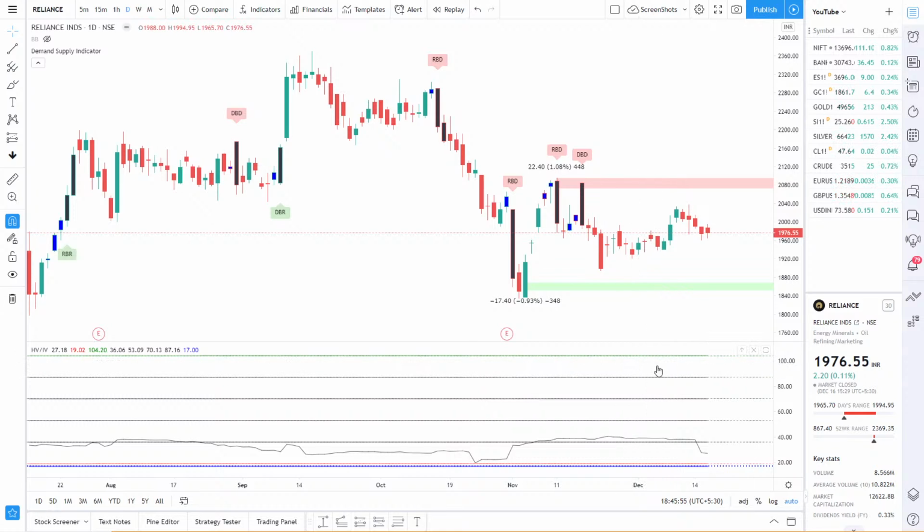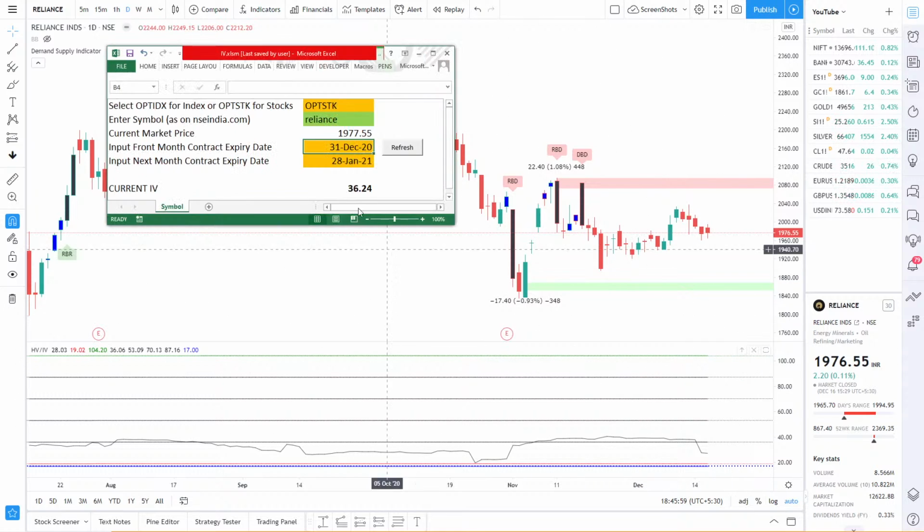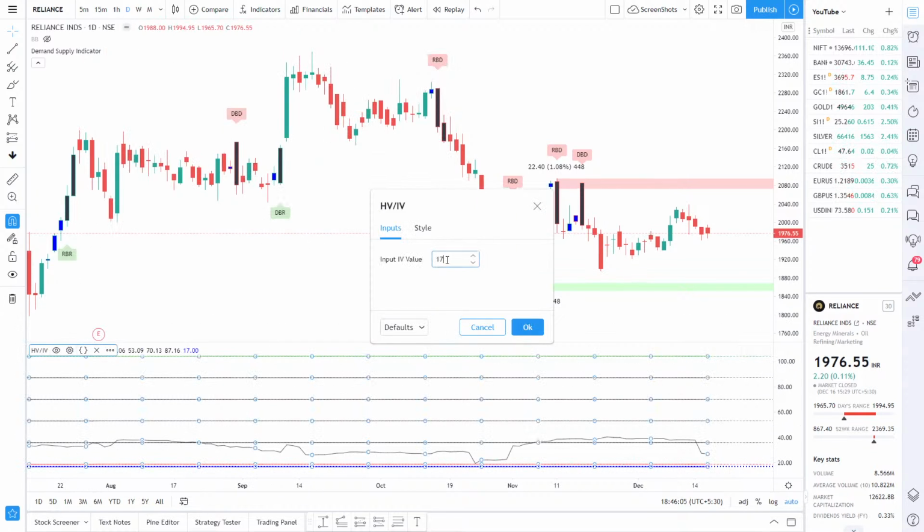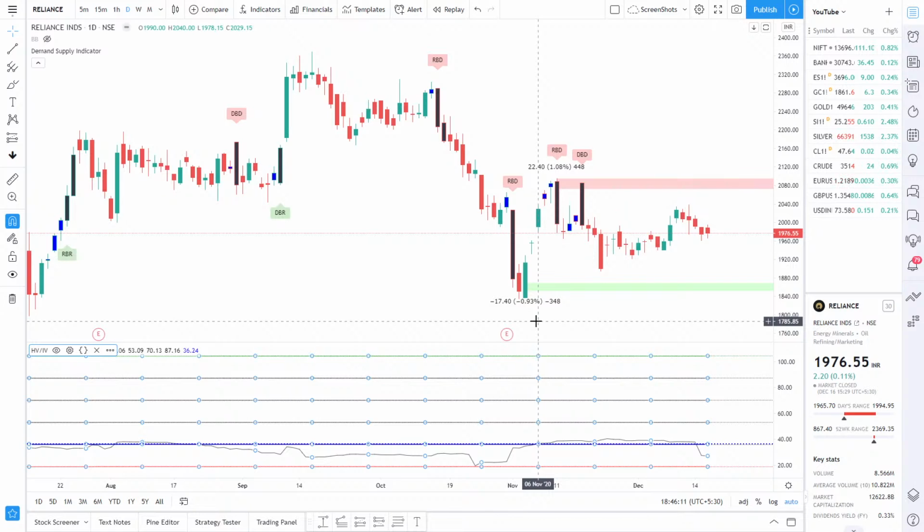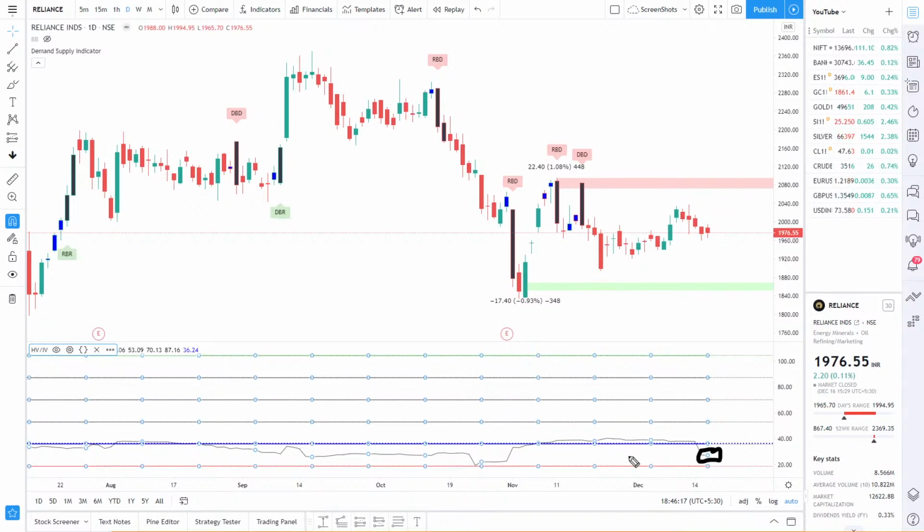Now, the implied volatility value which I got from my Excel sheet is 36.24. I'll input that value into this indicator. This is 36.24. And now this indicator basically tells me that currently Reliance is at a cheap price, or very deflated, right?